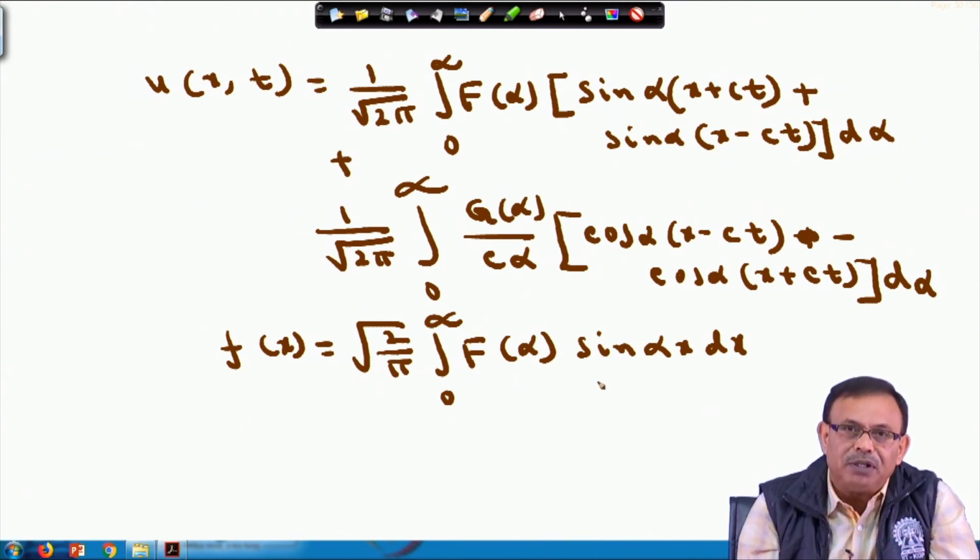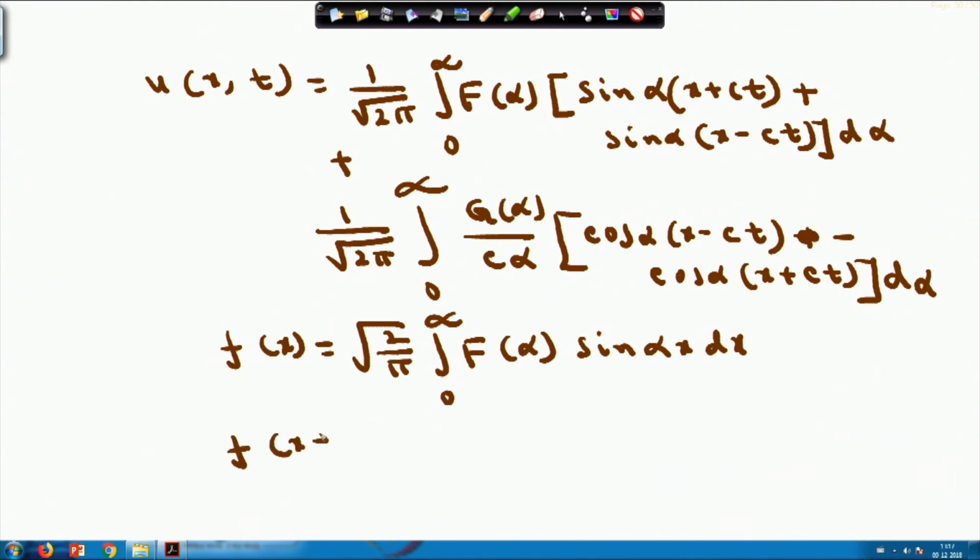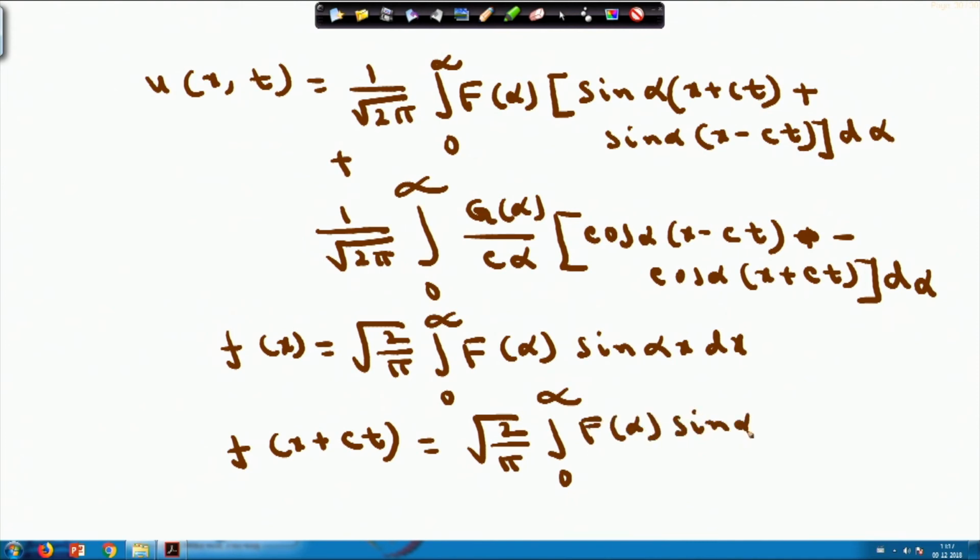Once I have written f(x) as this, what is f of x plus c t? F of x plus c t you can write as root over 2 by pi, integral from 0 to infinity, F alpha into sine of alpha into x plus c t d alpha, since you are taking inversion, it will be d alpha.